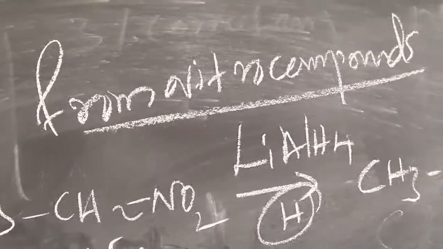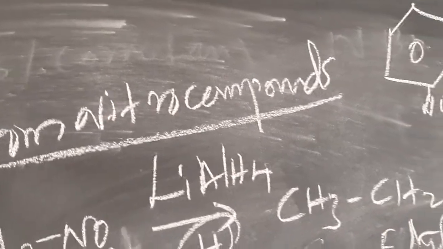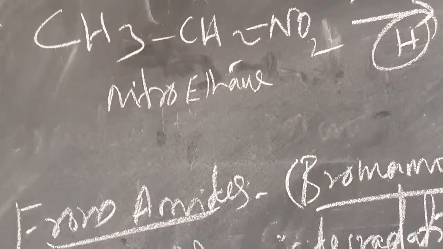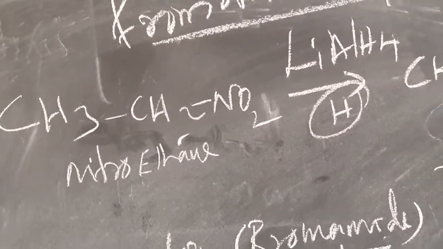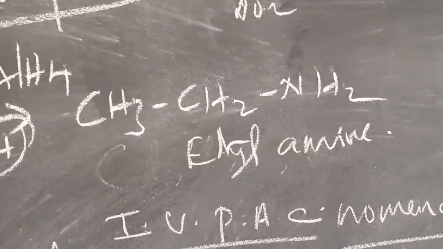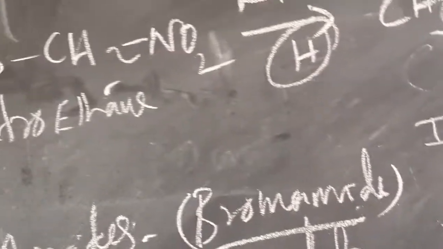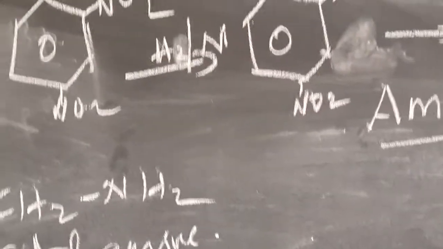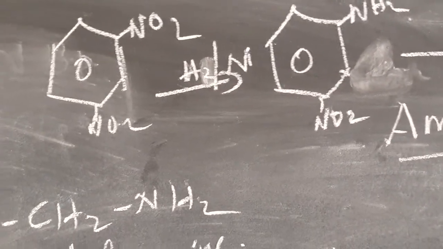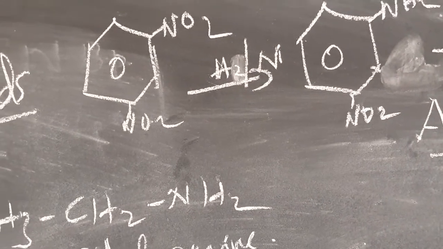Another method is from nitro compounds. Take a nitro compound and reduce it with lithium aluminum hydride, and you get the primary amine. The NO2 group is changed into an NH2 group. Instead of lithium aluminum hydride, you can also use hydrogen and nickel or hydrogen and platinum.